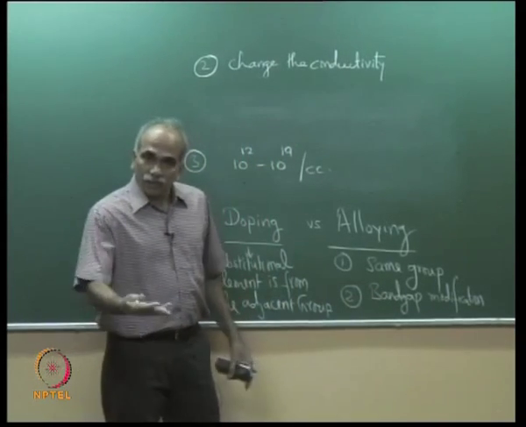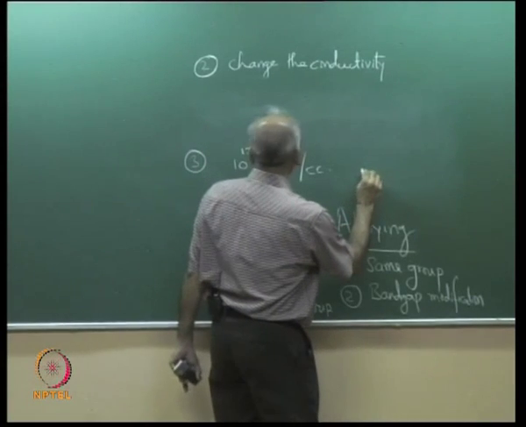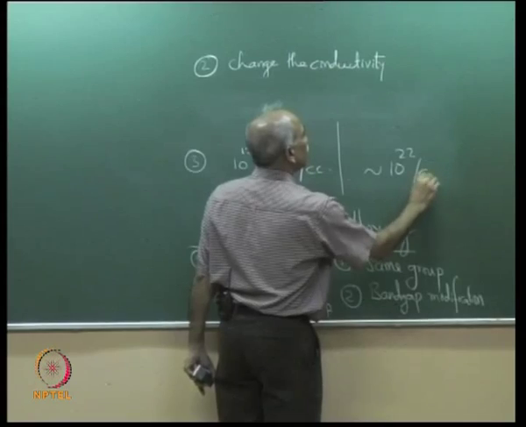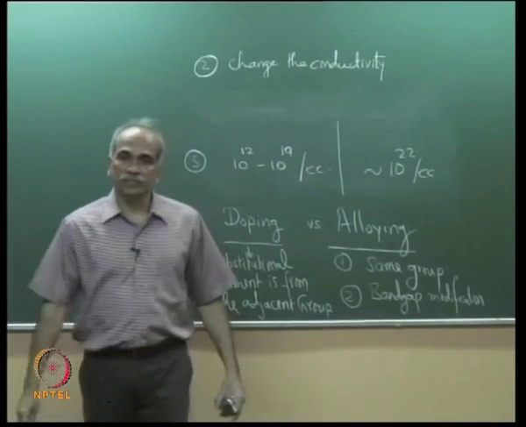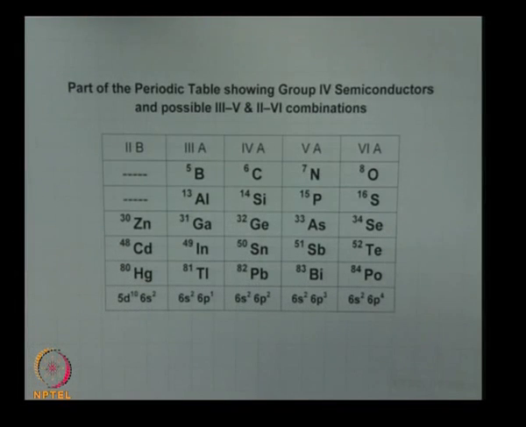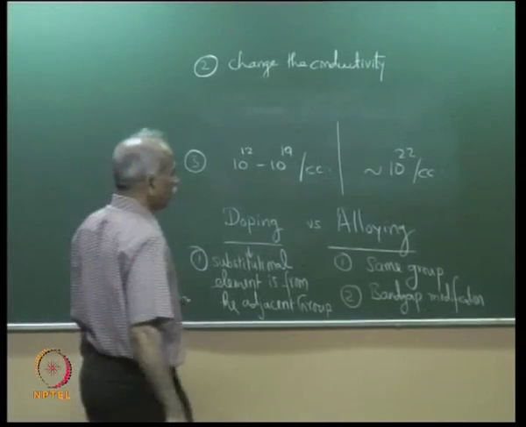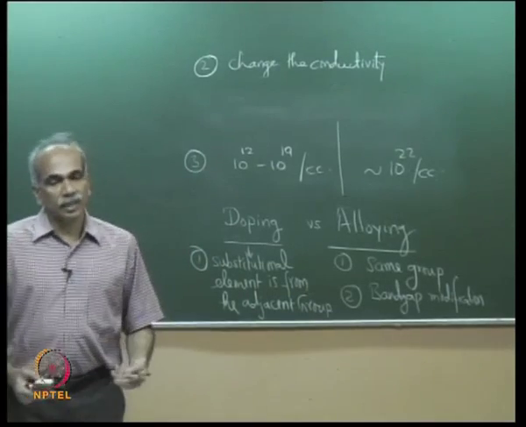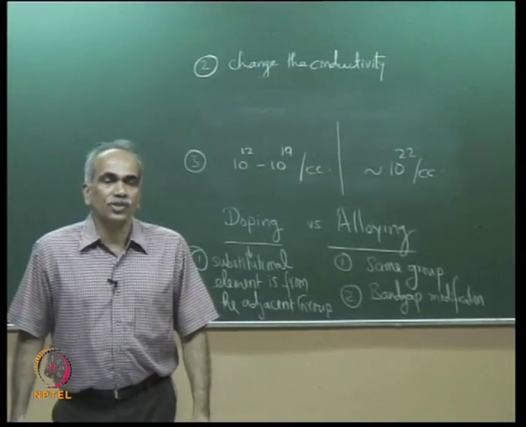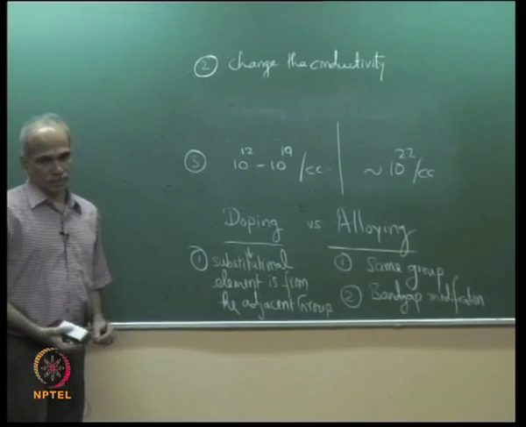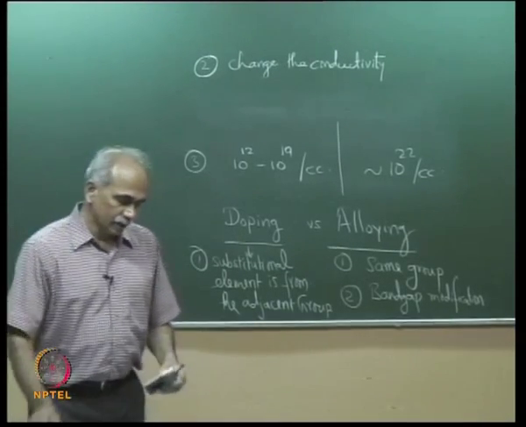So 30% is of the same order, about 10 to the power of 22 per cc. The concentration of substitutional atoms is much higher in alloying. These are the three basic differences between alloying and doping.